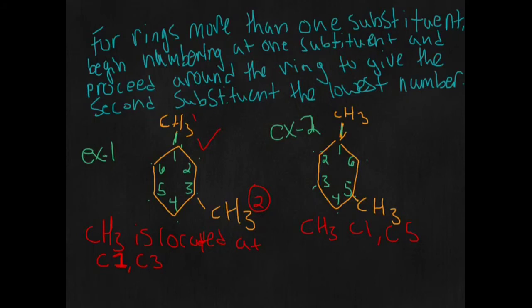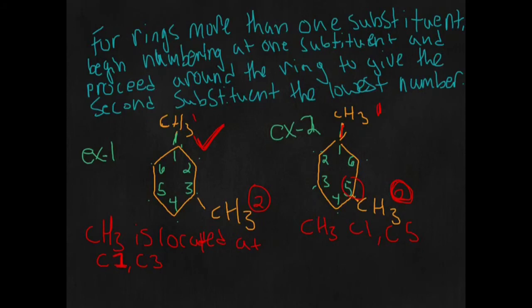Over here we went around the wrong way, and this one is located at carbon 5. Well, 5 is higher than 3, and we want the lowest, so we know that this one is definitely correct.